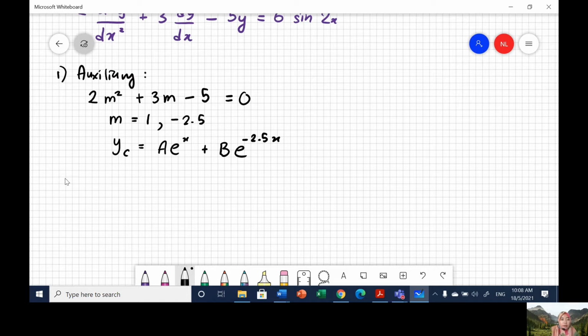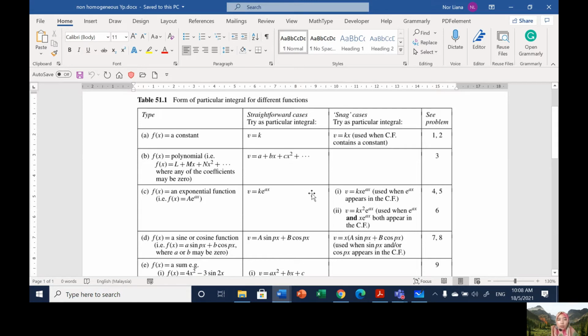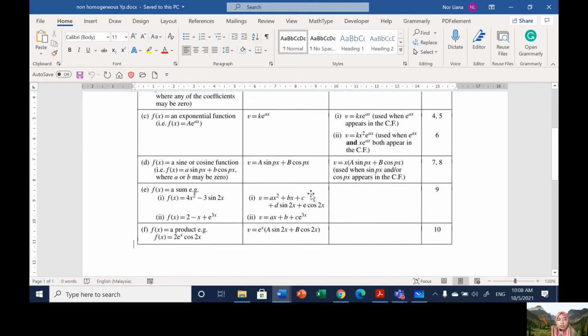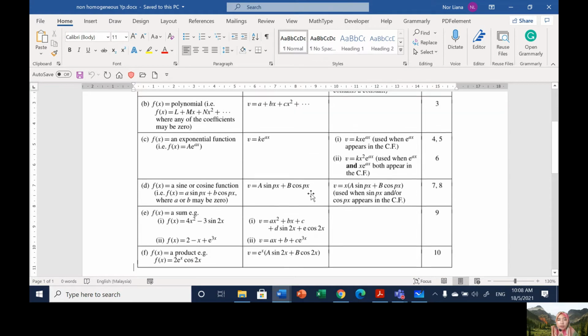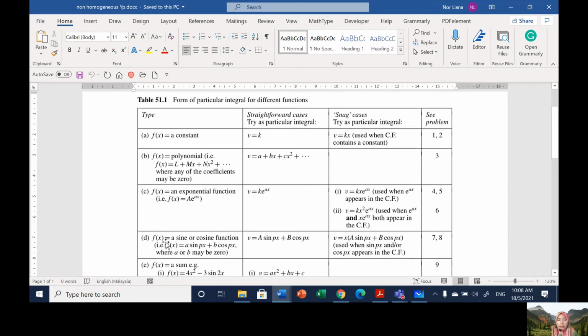And second step, we refer to this yp. On the right hand side we have a trigo function in terms of sine. When we refer to the guideline, when we have a trigo function, we are going to refer to part D. Either we have sine or cosine, or we can have a combination.